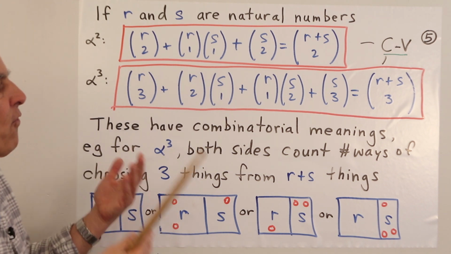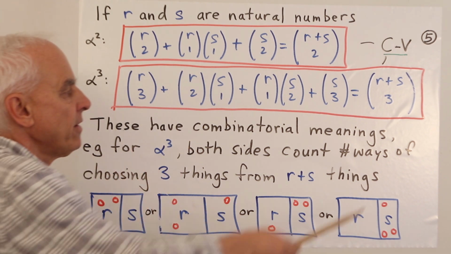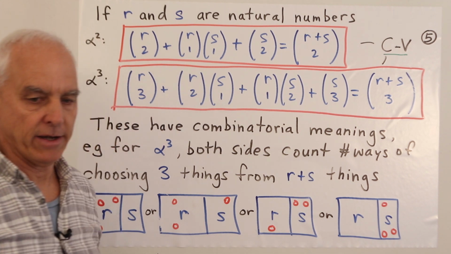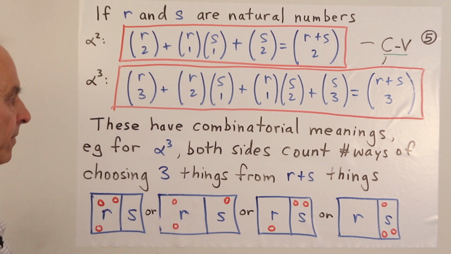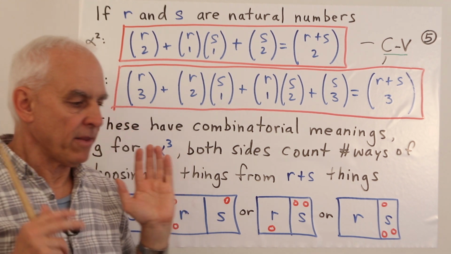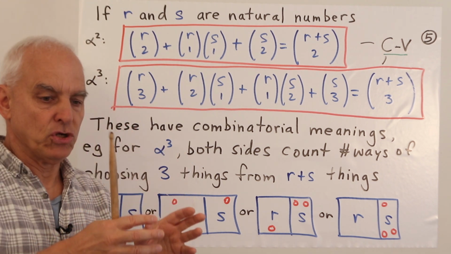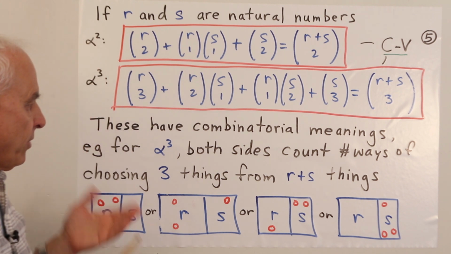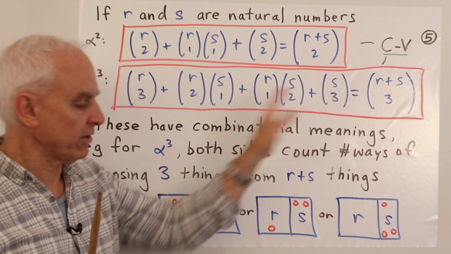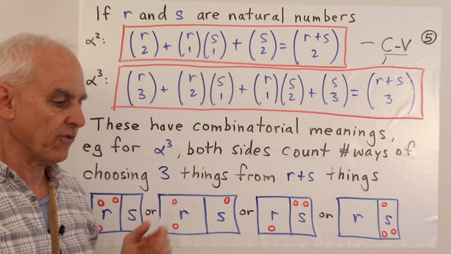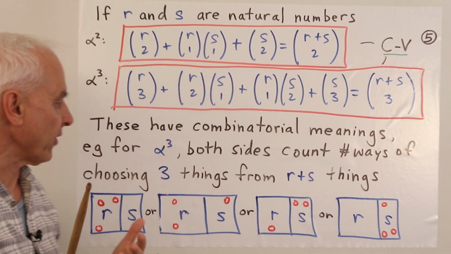So this is another way of writing these Chu Vandermonde identities in the cases of degree 2 and 3. Now, when we think about it this way, in terms of number of ways of choosing something from something else, we are talking about a combinatorial interpretation, and we can understand what any of these equations mean in terms of combinatorics.